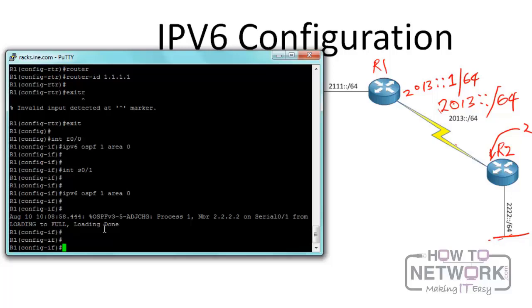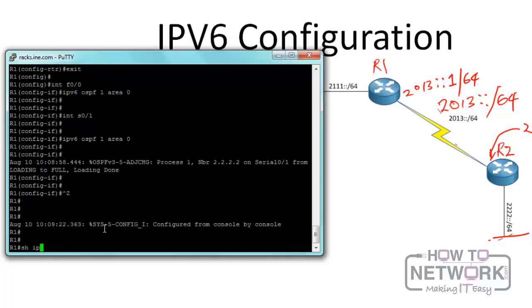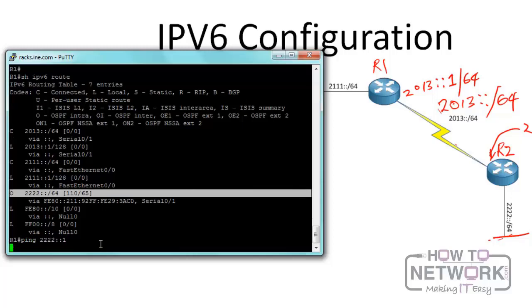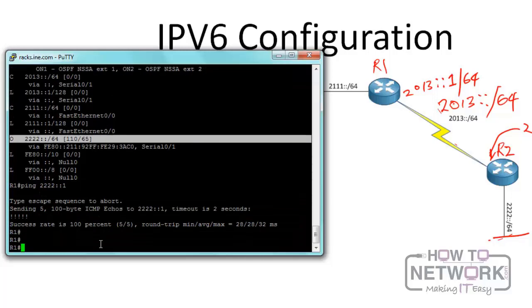Now we're going to check the routing table. We show IPv6 route, and we can see this OSPF route. We have learned about the 2.2.2.2 network from router 2. So if we try to ping now, we should be able to ping it. So we have connectivity, and that shows that OSPF is working well.